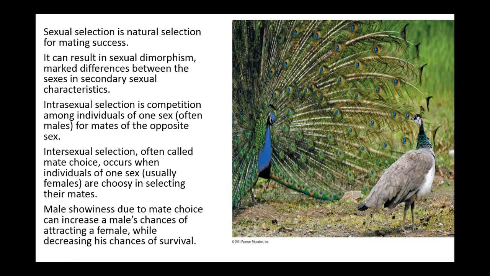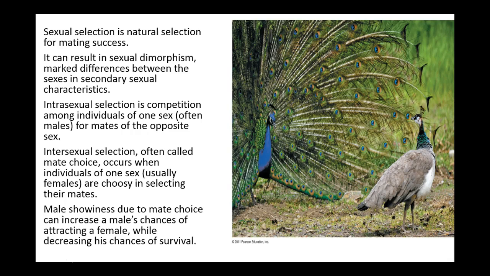In terms of sexual selection, a couple of things to say about it. Because we have a male and female gamete, and males and females need to get together, sexual selection is a natural selection for mating success.